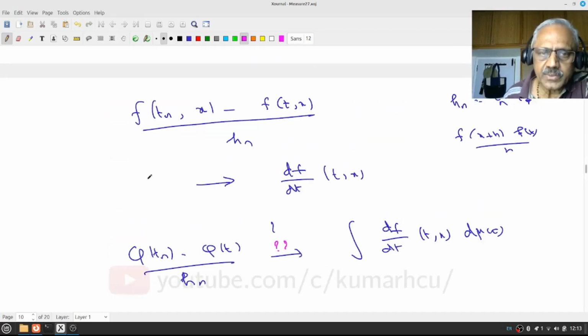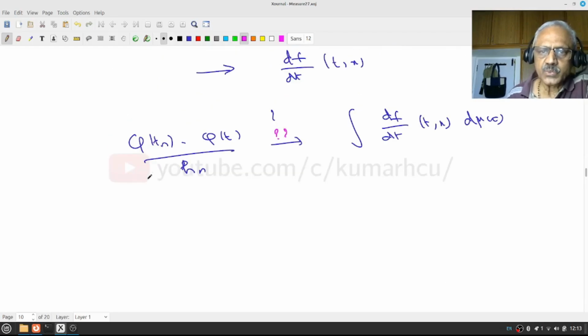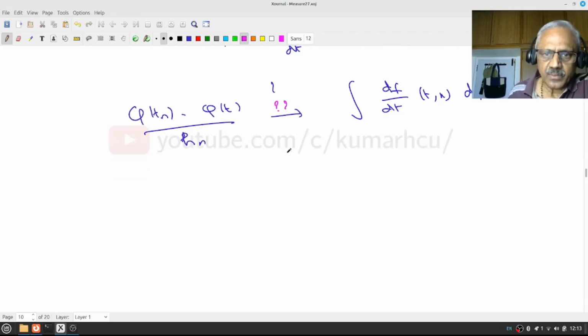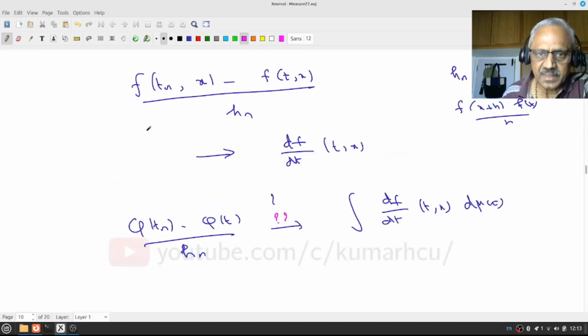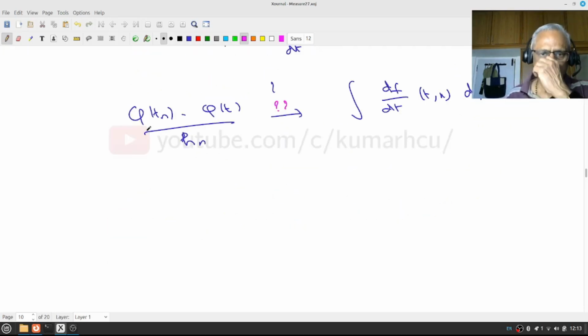So what do we want to do? I want to look at a sequence now. I want a convergence, and these phi t's are defined by means of an integral. Therefore, what I want is the limit of the integral of a sequence equal to the integral of the limit. So let us try to formulate it.